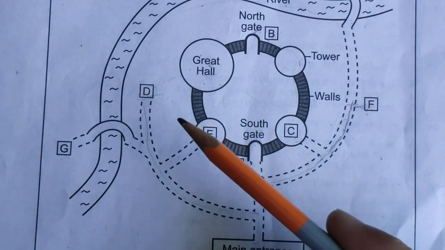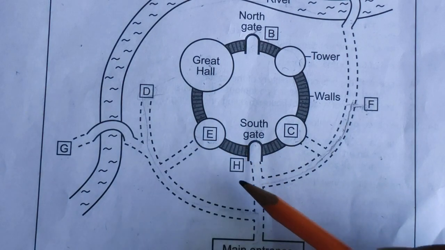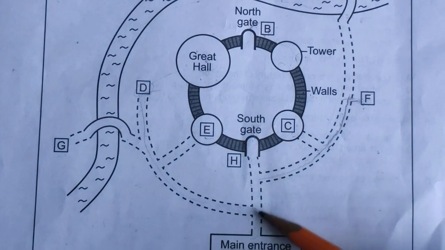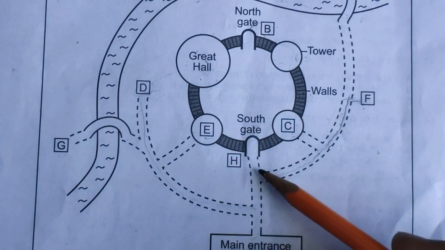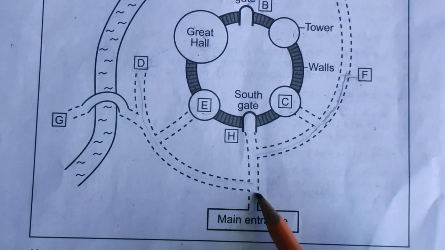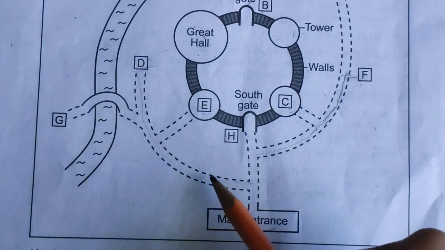It's actually inside one of the towers, but the way in is from the outside. Outside means this main entrance. Just take the first left after the main entrance, this is the left, and go down the path.